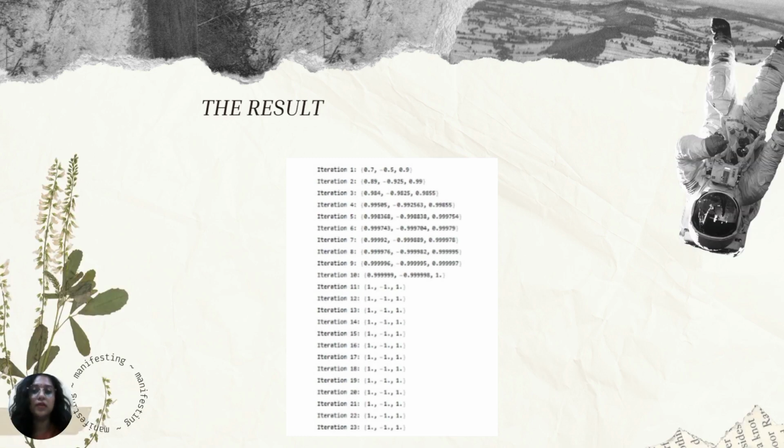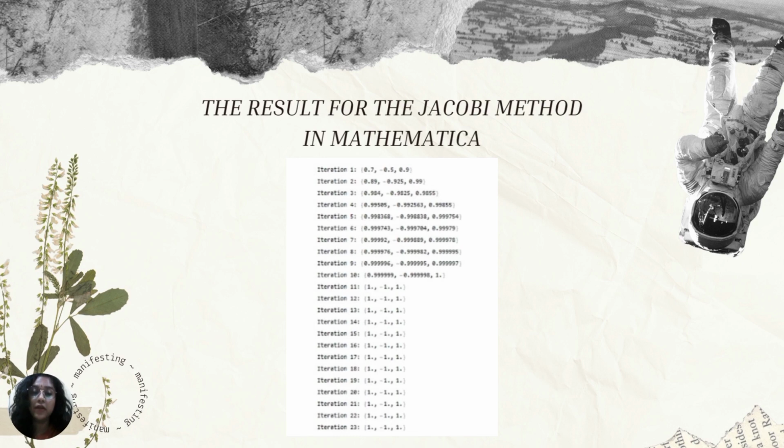As I run the iteration, the result for the Jacobi method in Mathematica goes up to 100. I just sorted it out up to iteration 23 because the iteration stopped and converged at the 11th.